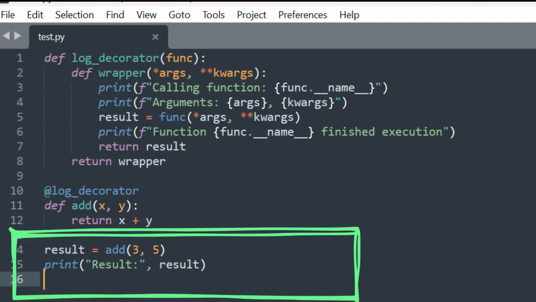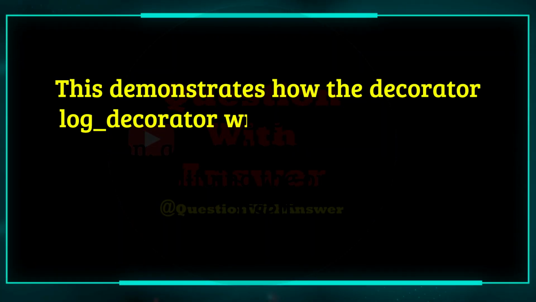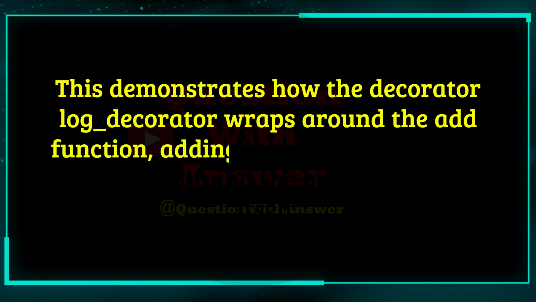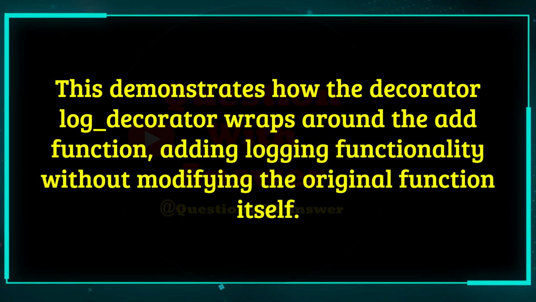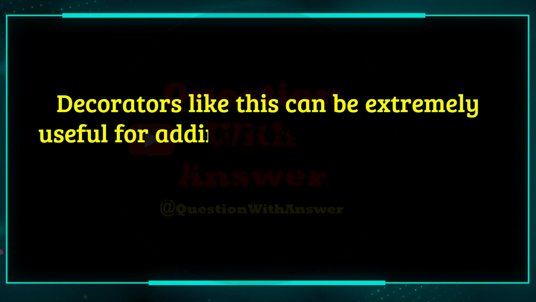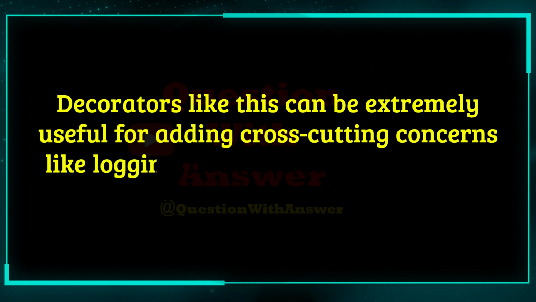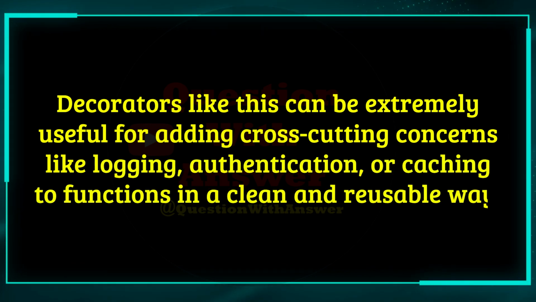Finally, we print the result of the add function call. This demonstrates how the decorator log_decorator wraps around the add function, adding logging functionality without modifying the original function itself. Decorators like this can be extremely useful for adding cross-cutting concerns like logging, authentication, or caching to functions in a clean and reusable way.